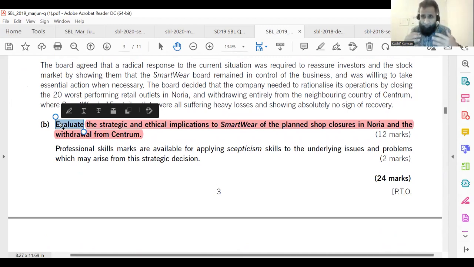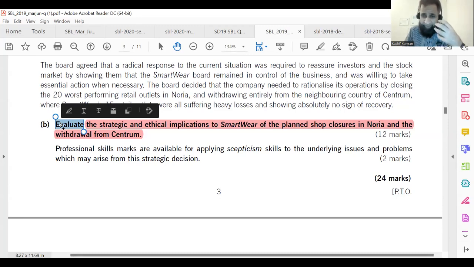Strategic means something which relates with your future, your profitability, your market share, your reputation. Evaluate the strategic and ethical implications to Smartware of the planned shop closure in Nooria and withdrawal from Centrum.